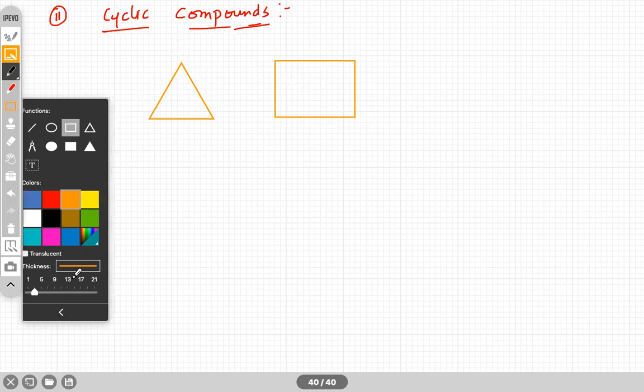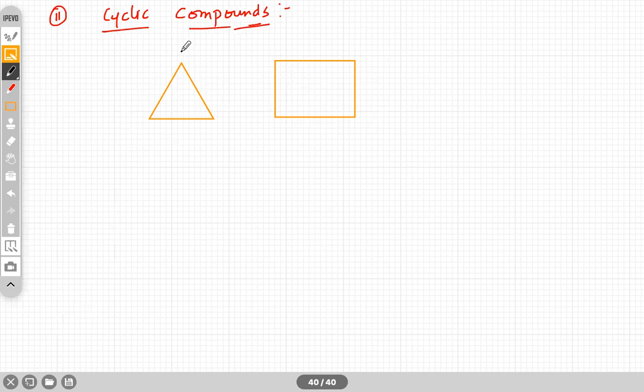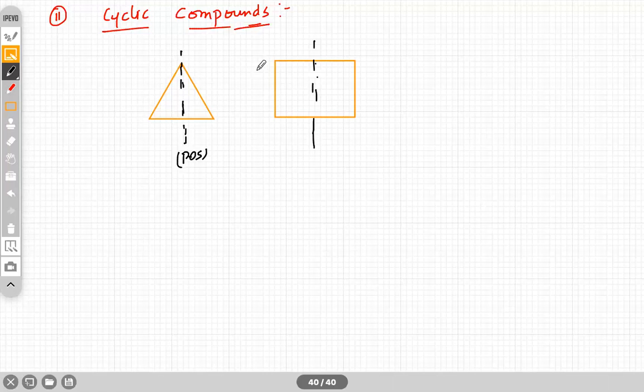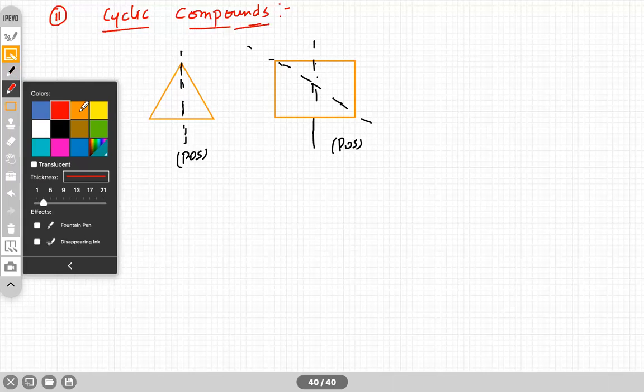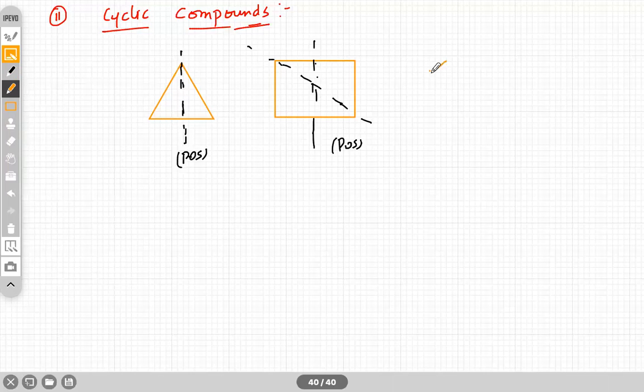Like for this example, you see, we have a plane of symmetry here along this point, POS. We also have a plane of symmetry like this. I've already shown you these examples. If you have cyclopentane, see this example, cyclopentane also has a plane of symmetry, which is this one.